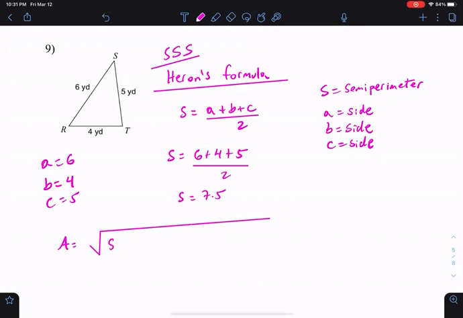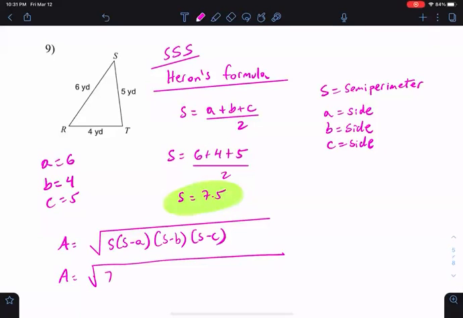So this is S minus A, S minus B, S minus C. Just plug in the values that you have. You just found S, so S is right here. Just plug it in. So this is 7.5 minus 6, 7.5 minus 4, and 7.5 minus 5.